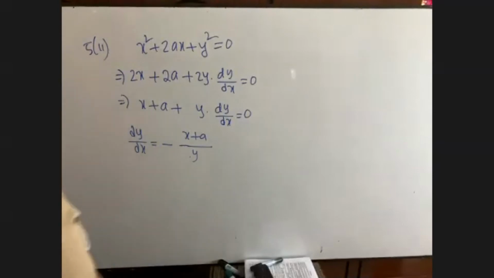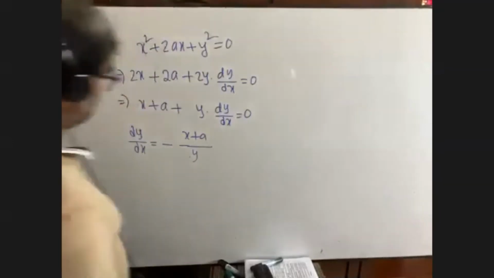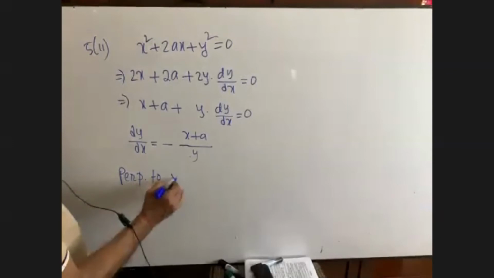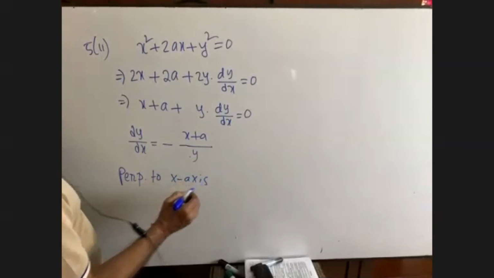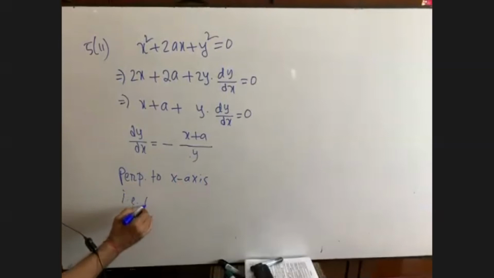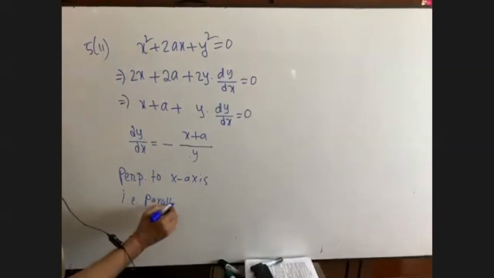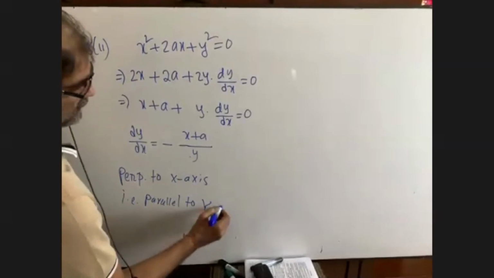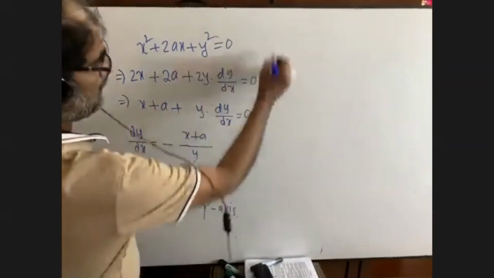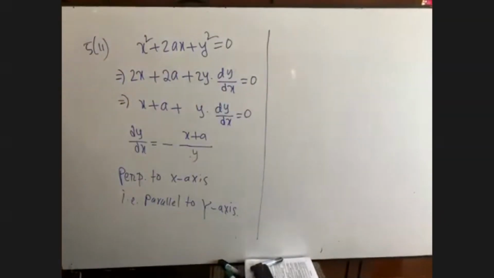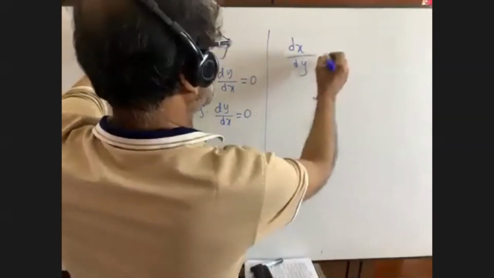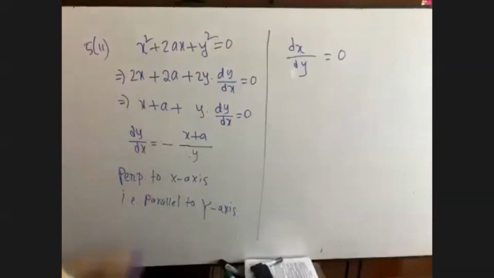Yes, sir. It is also written perpendicular to x-axis. What is meant by this? Parallel to y-axis. Parallel to y-axis means what? dx by dy equals 0, right?